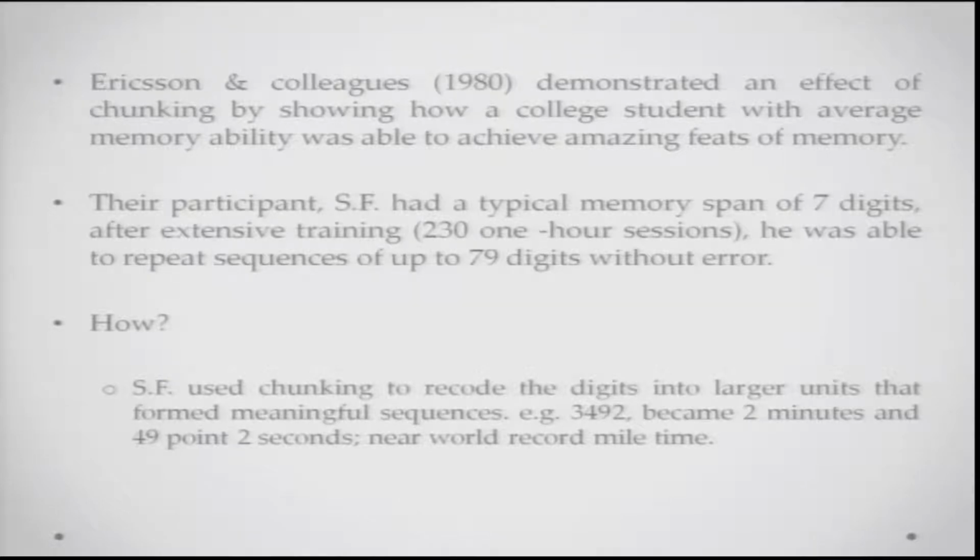How was SF doing that? Obviously, SF was using chunking to recode the digits into larger units and formed slightly meaningful sequences. Say for example, 3492 became 3 minutes and 49.2 seconds.